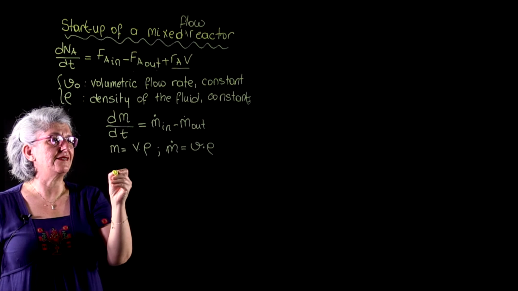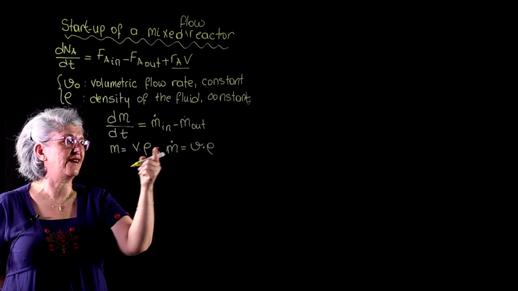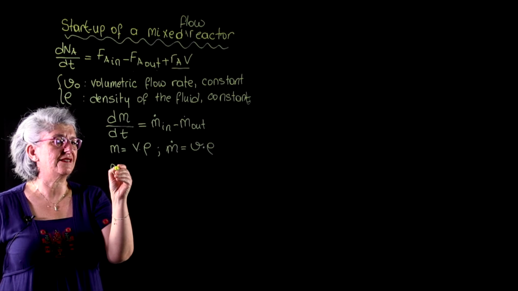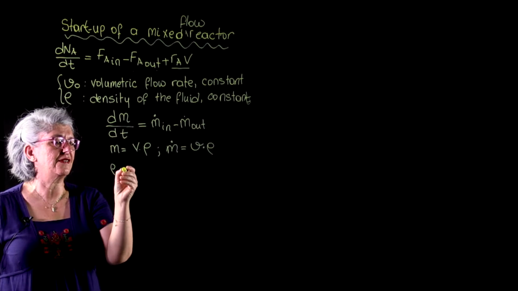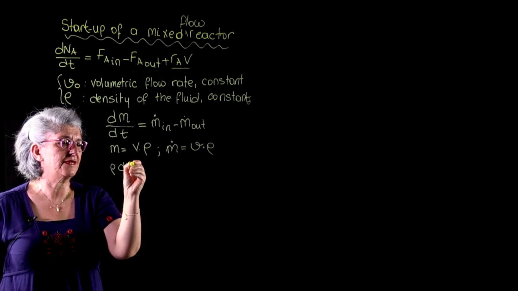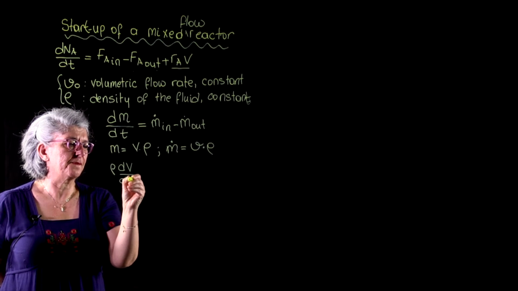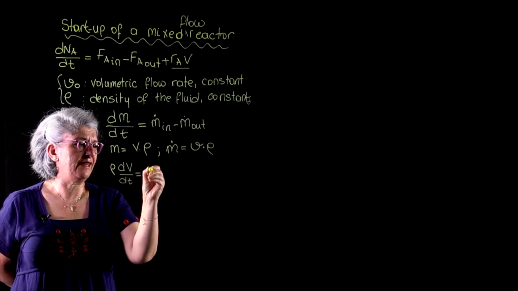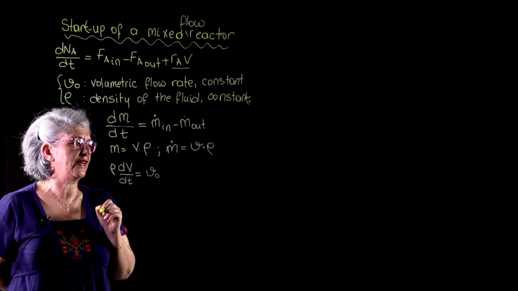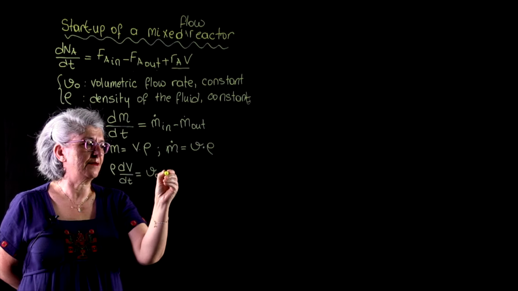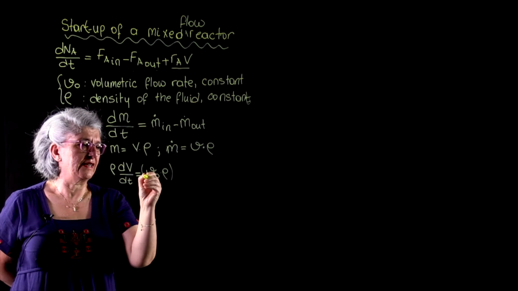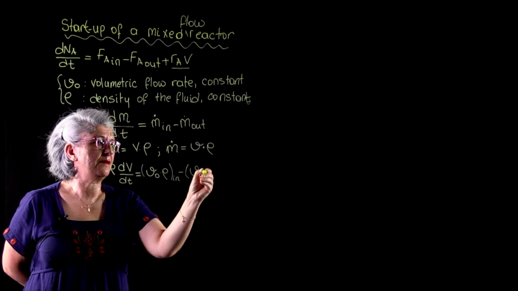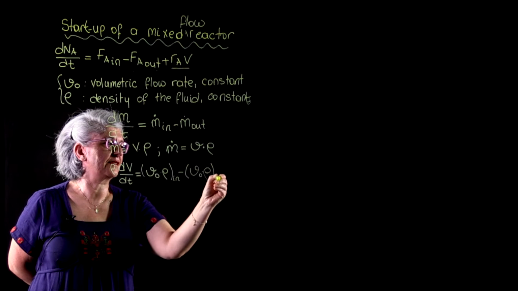Now let's write our balance equations with constant density assumptions. Density is constant. As a result, I'm going to take rho out of the derivative, and my dM becomes dV over dt, and that is going to be equal to V0, we also taken this as constant, times rho that enters through the system boundaries minus V0 times rho that leaves the system boundaries.